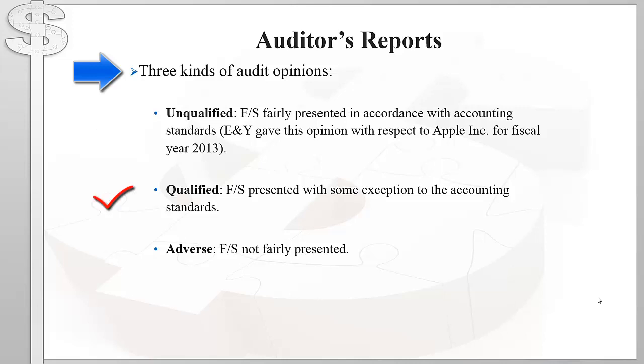Next, we have the qualified opinion, which tells us that by and large, these financial statements are prepared in accordance with the accounting standards, but there are some exceptions. And finally, we have the adverse opinion, which tells us that these financial statements are completely unreliable. We would always want to see the unqualified audit opinion on public statements.